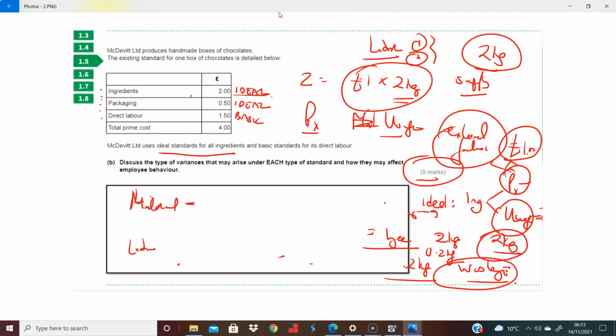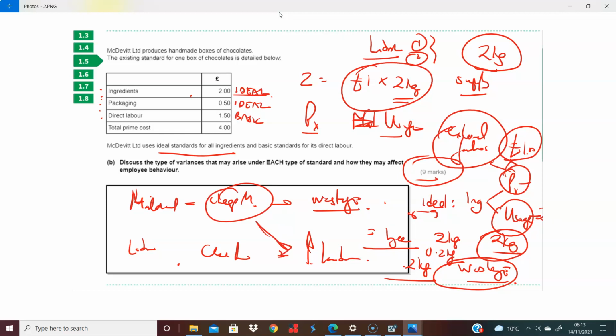The argument here is this: if you get cheap material and you get cheap labor, you are likely to have wastage because the material is cheaper, and if you get cheap labor, you're likely to have greater labor inefficiencies. That's the point here. Now, the secondary point is that if you have cheap material, that could also lead to labor inefficiencies, because you have material wastage, but you also have labor that is not able to work well with it.